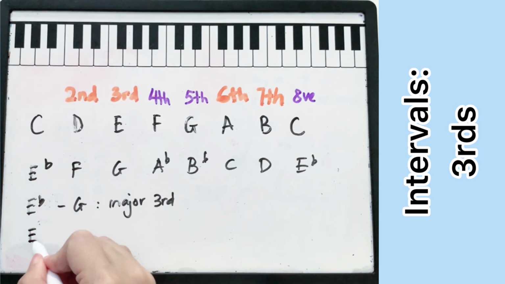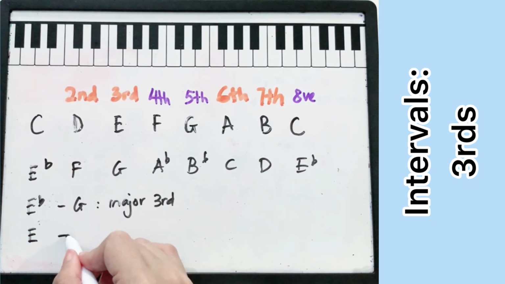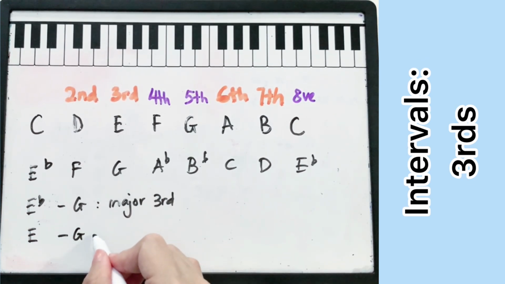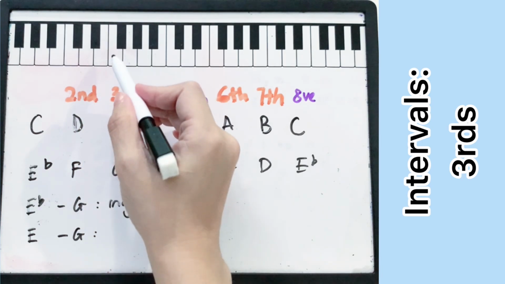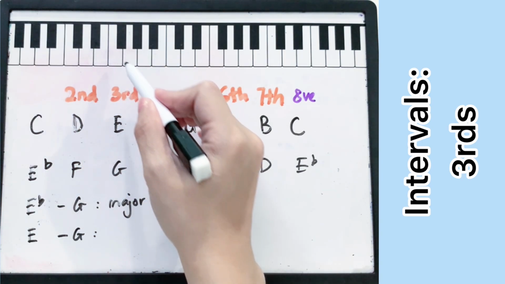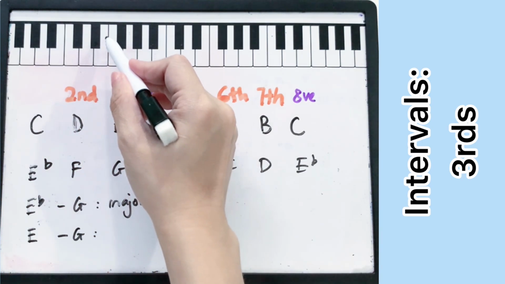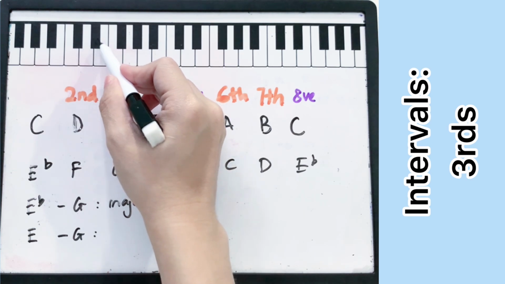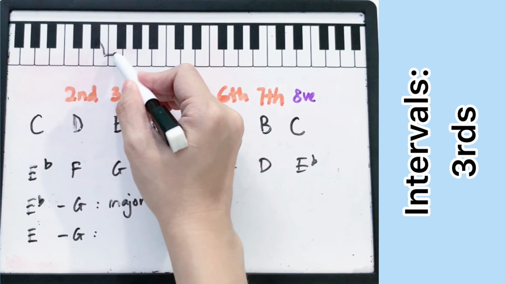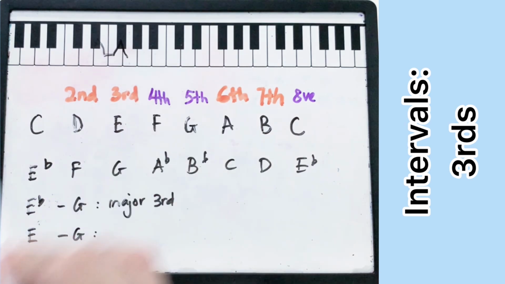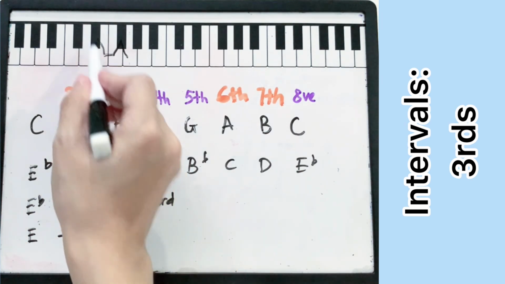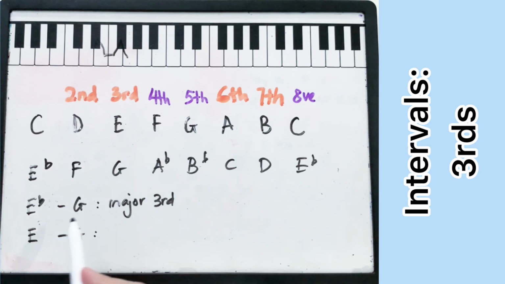So what if I don't have a flat? Alright, if we look at the illustration of the piano here, you need to go from E flat to E natural to F sharp to G, this is the distance that you need to go for a major third.